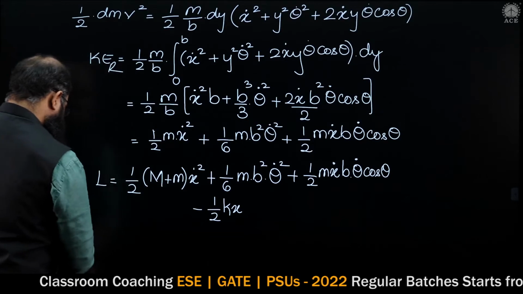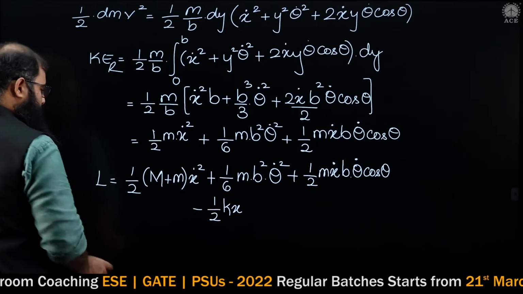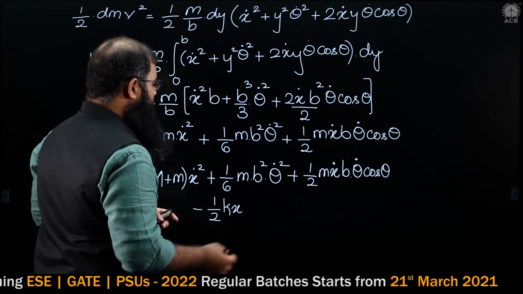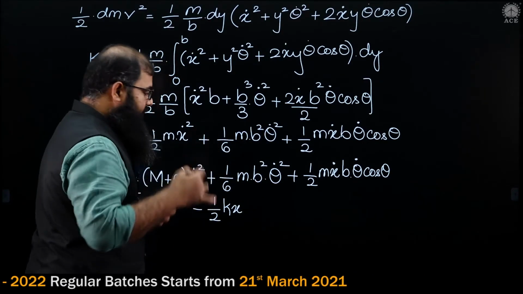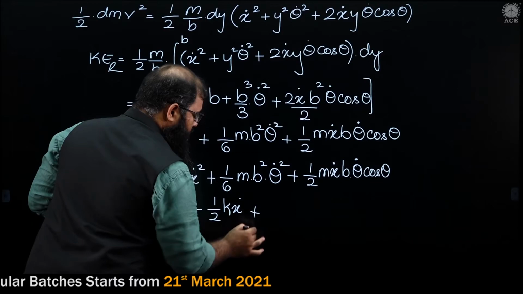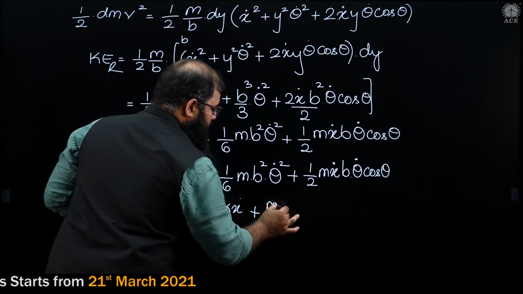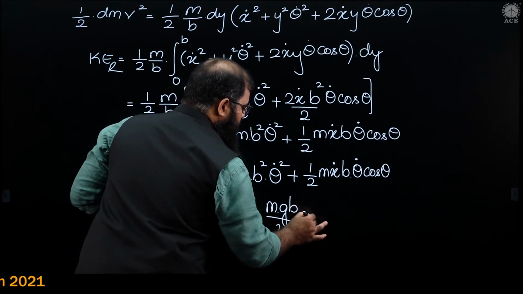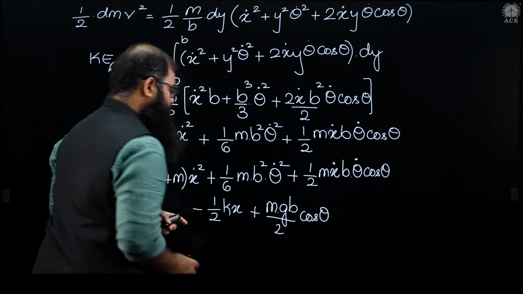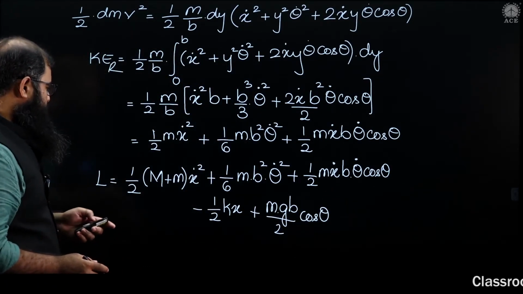And potential energy of the rod was negative, therefore I'll have a positive over here, that is m into g into b by 2 times cos theta. This would be the answer to the question.